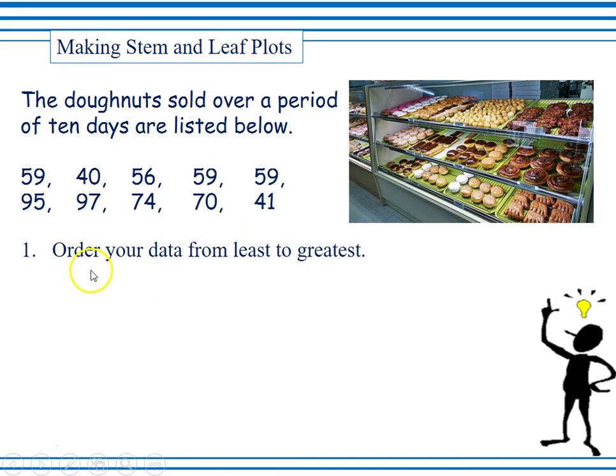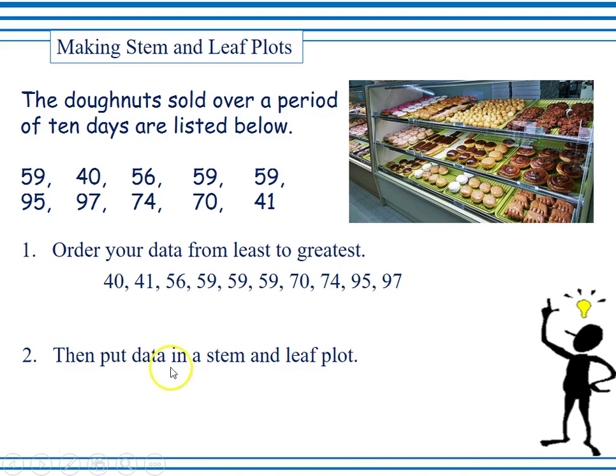So the first thing we're going to do is order our data from least to greatest. So here 40 is the smallest number, 97 is the largest number. And even if a number is repeated, we list it again. So we should have 10 numbers for the 10 days.